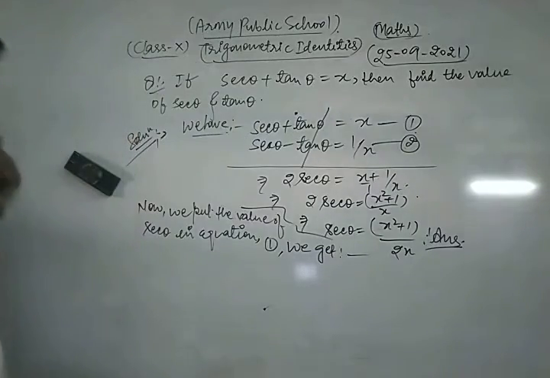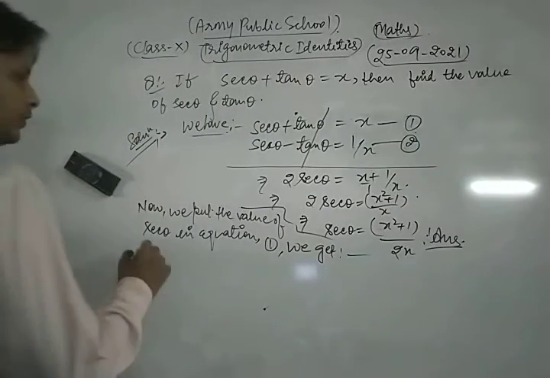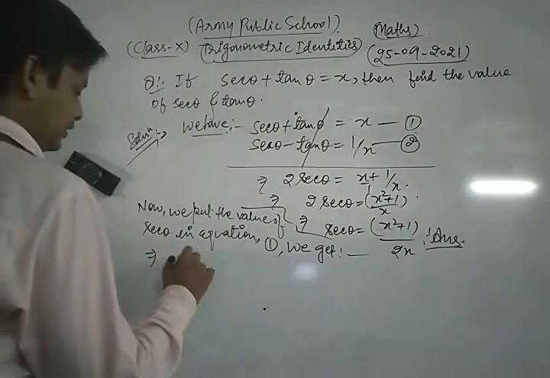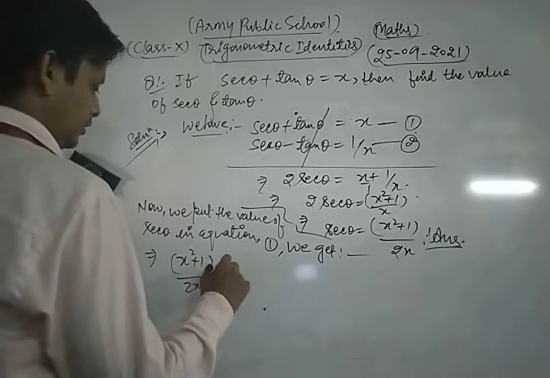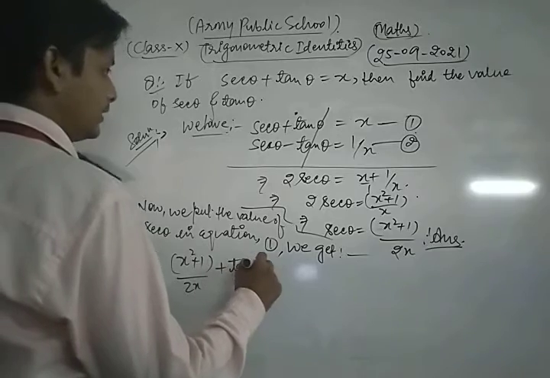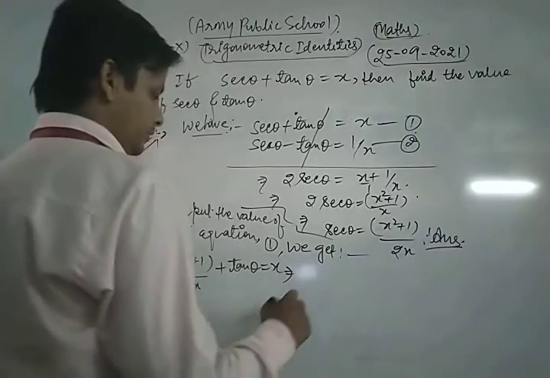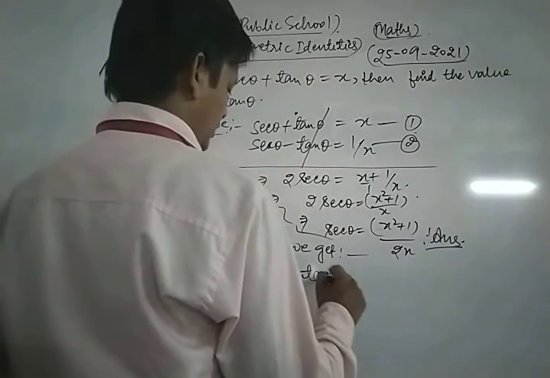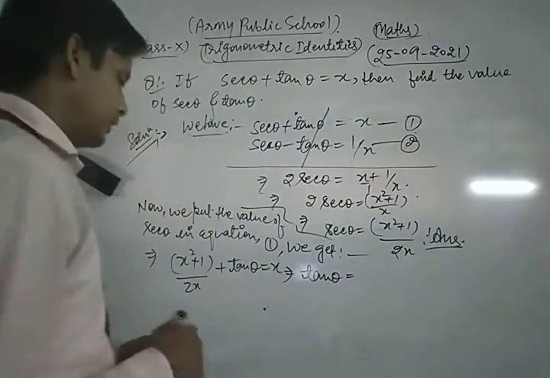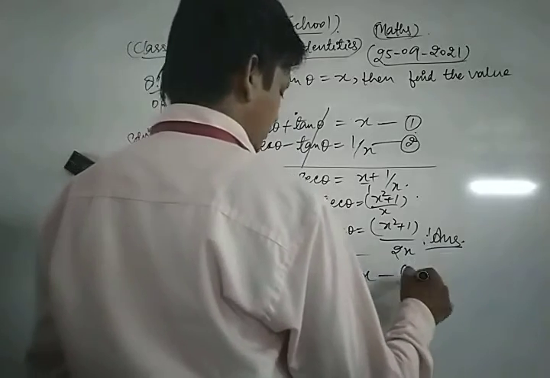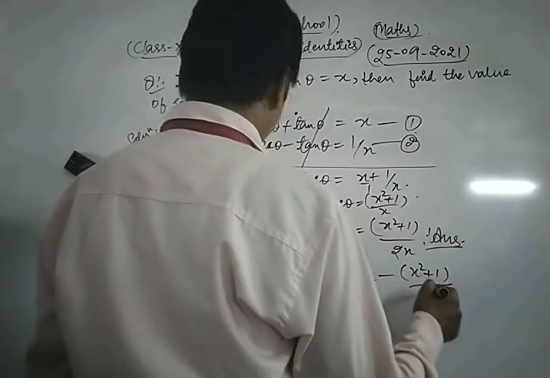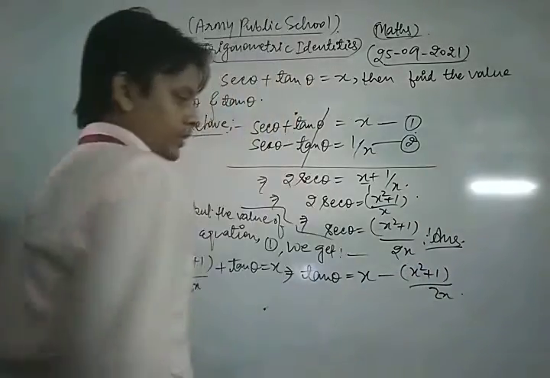We get in equation first, sec theta is equal to x square plus 1 upon 2x. This is tan theta, as it is equal to x. So now from there, tan theta is equal to x minus (x square plus 1) upon 2x.